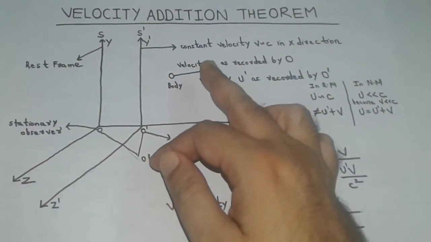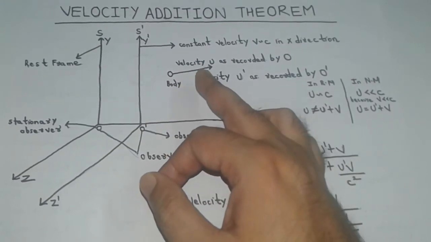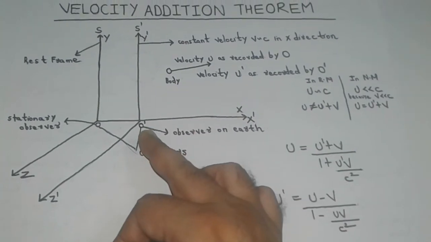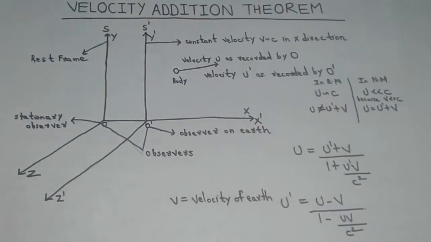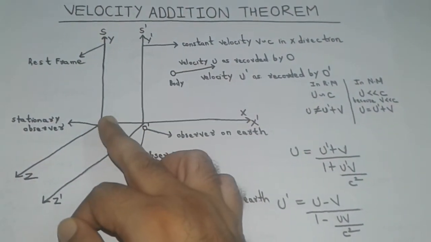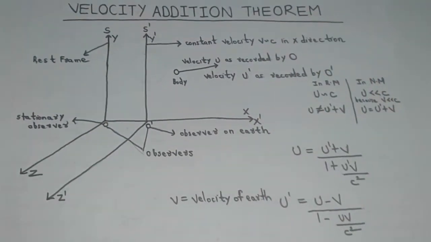Similarly, velocity addition theorem helps us to determine the relative velocity of a body with respect to an observer O dash on Earth taking the velocity of Earth to be v, when the velocity of such a body relative to a stationary observer O is known to us.